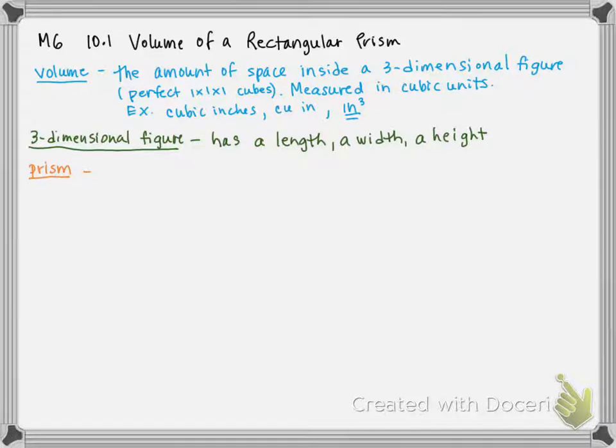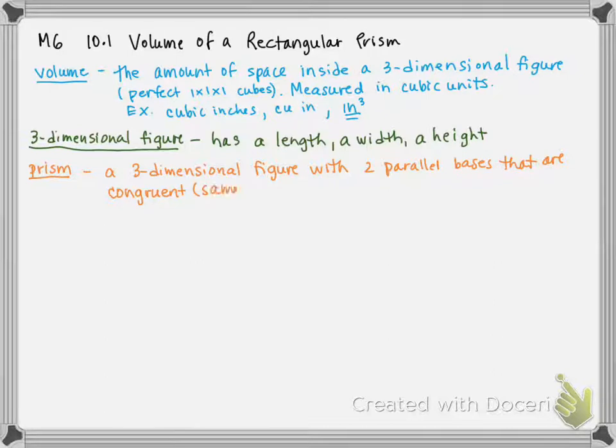So a prism is a three-dimensional figure with 2 parallel bases that are congruent. Parallel means they're never going to come in contact with each other, and congruent means same shape, same size.